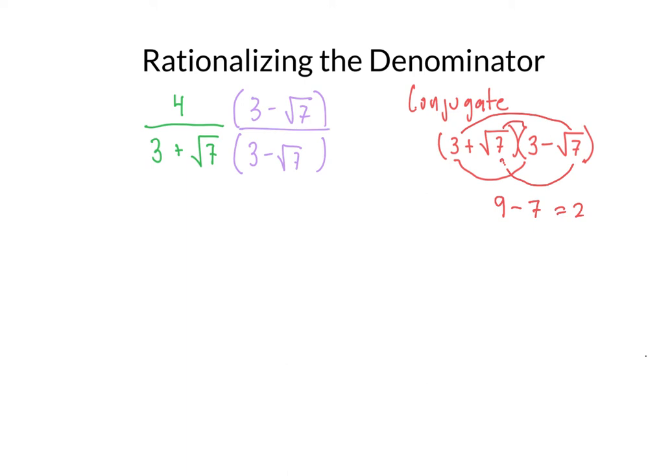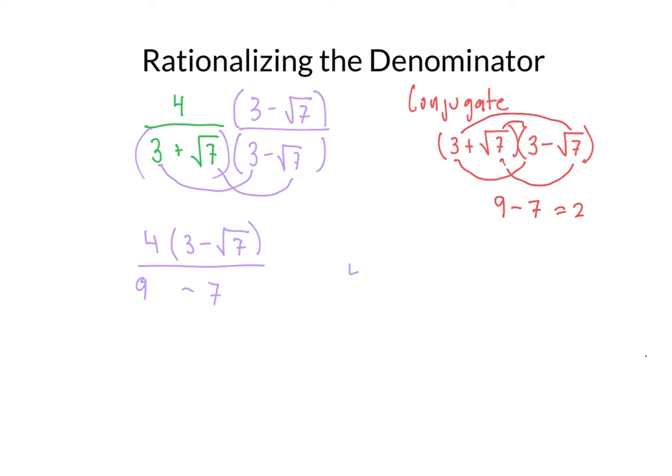All right, now we will do that. I actually think it's easier to distribute that 4 through after I FOIL my denominator because, well, we already know what this is. FOIL, let's just look at it one more time. The first terms is 9. The outer term, square root of 7 times the square root of 7, is negative 7.